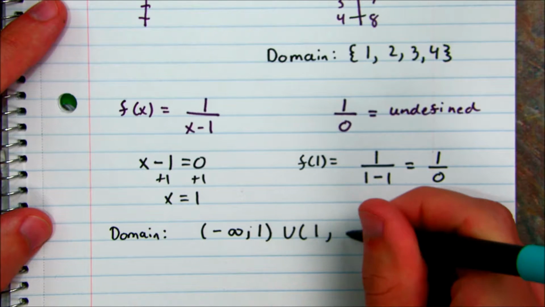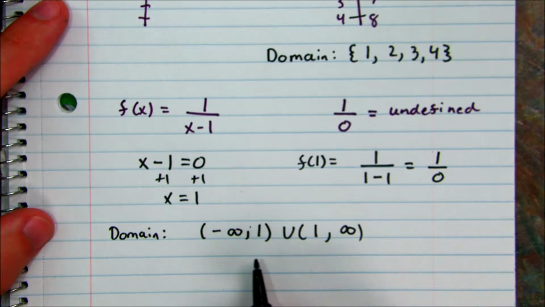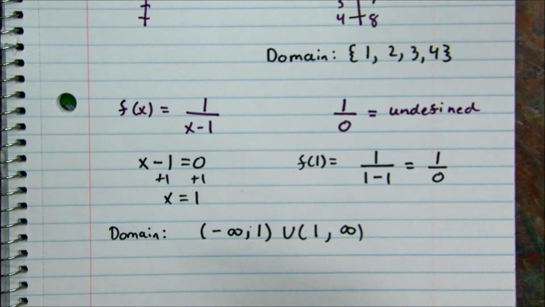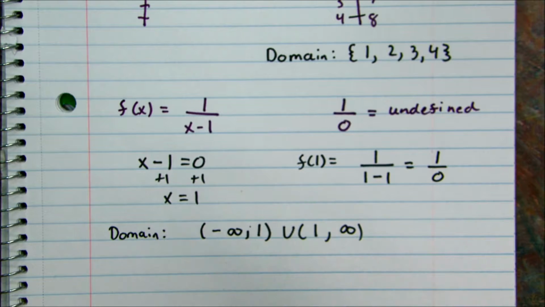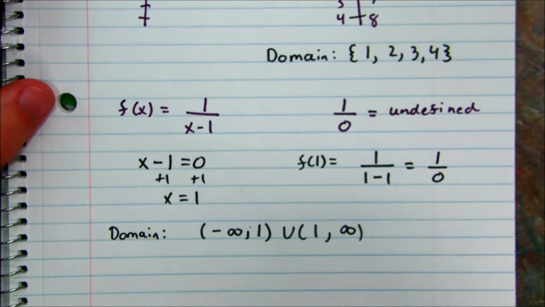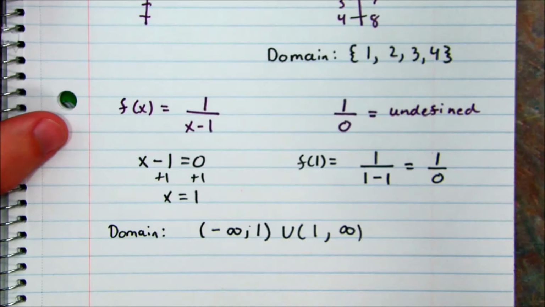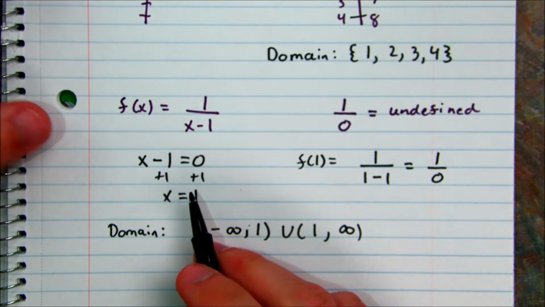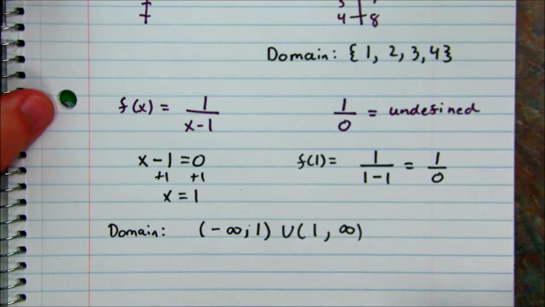And then it goes from 1 to infinity. This is interval notation, and this states that my domain is all reals except for 1. It's the only thing I am excluding. So that's one way to find the domain of a continuous function, by setting the denominator equal to 0 and finding what gives us 0 in the denominator.